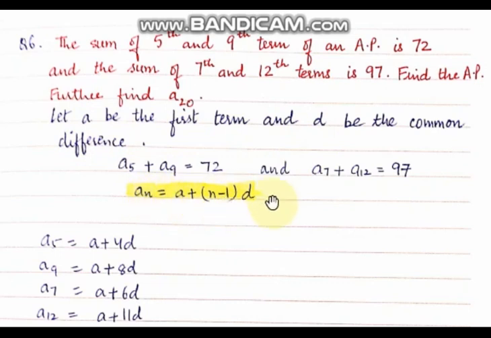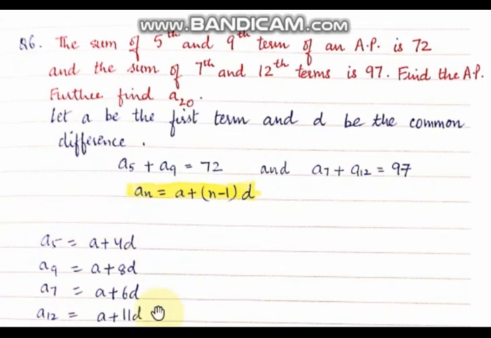This is the formula for the general term. Using this formula, I can simply say, what is my 5th term? The 5th term is A plus 4D, 1 less than 5. The jump size will be 1 less than 5, 4 times the common difference. A9 will be A plus 8D, A7 will be A plus 6D, and A12 will be A plus 11D.